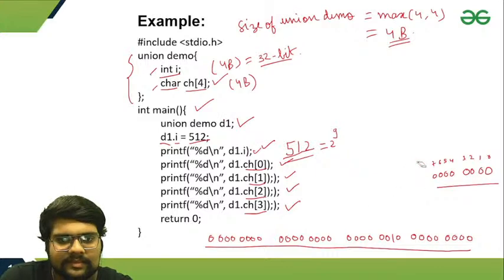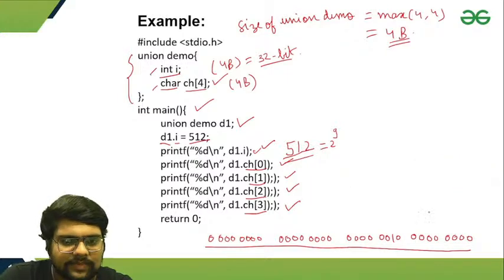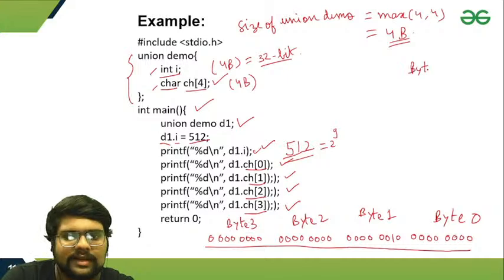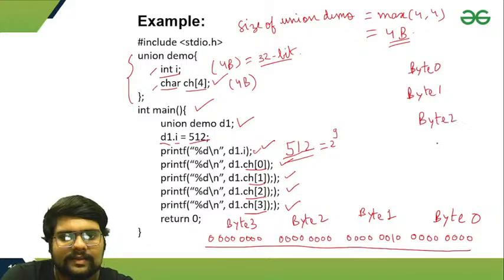Now when we store this in memory, it will be byte 0, byte 1, byte 2, and byte 3. It will store something like this: byte 0 first, byte 1 second, byte 2 third, byte 3 fourth.